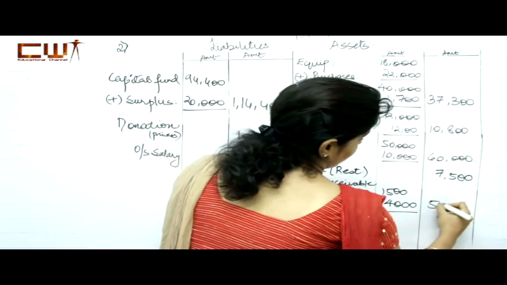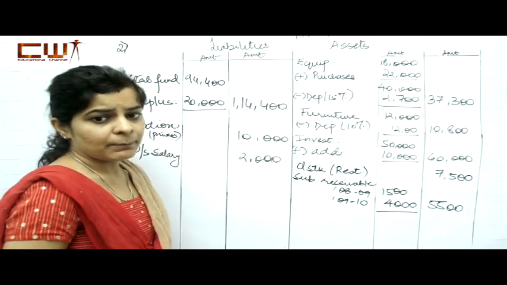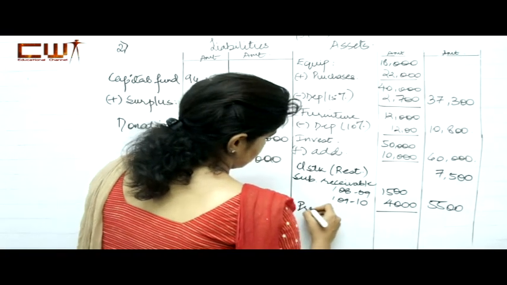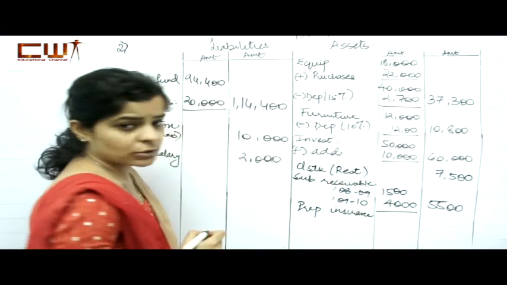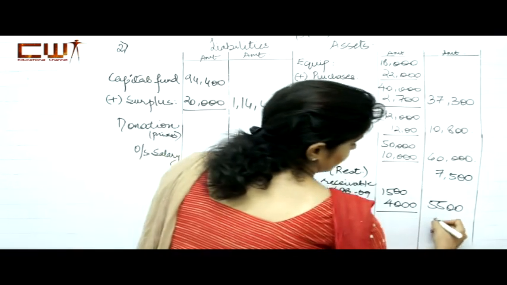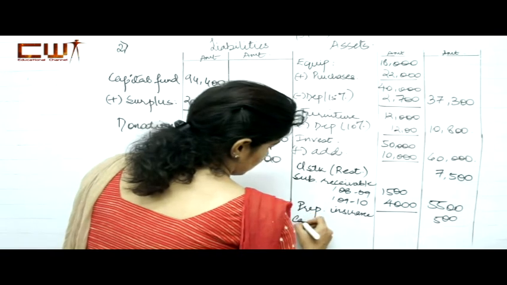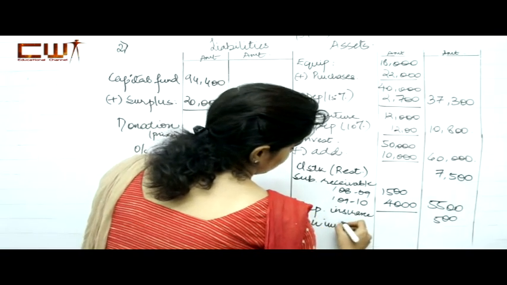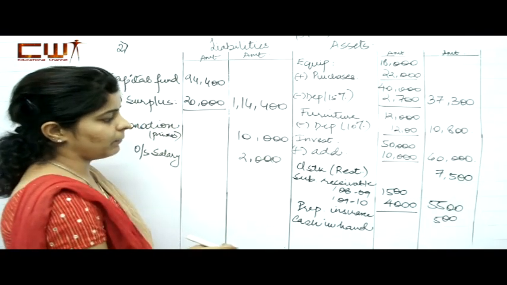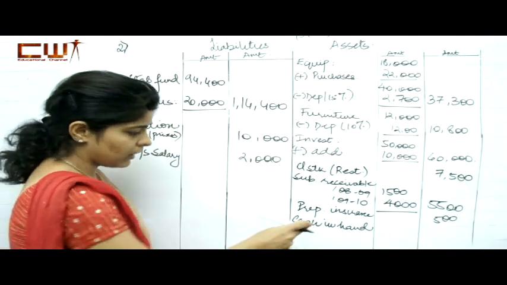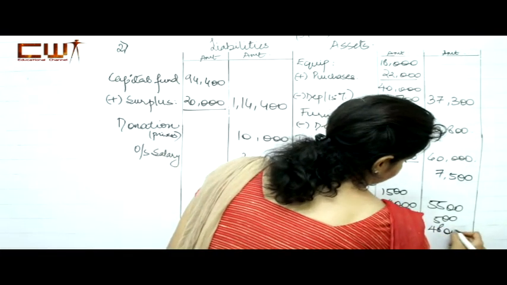So this will be 5,500. 5,500 is your total subscription receivable. Prepaid insurance will also come. Prepaid insurance 500. Then you will have cash in hand. Cash in hand is given to you in receipt and payment account, but it will not be put in income and expenditure account. We will write it here. How much? 4,800.